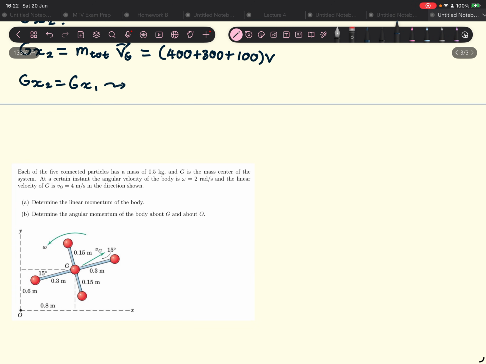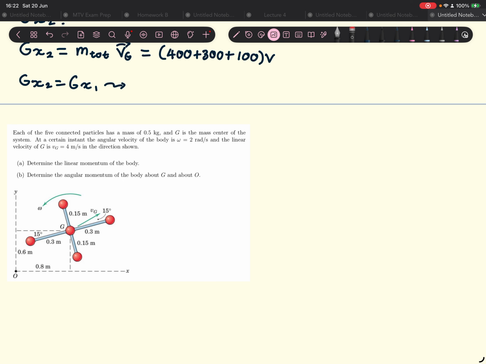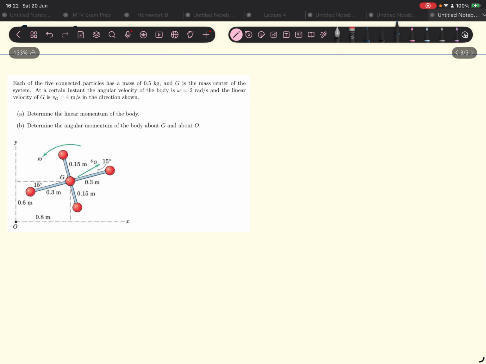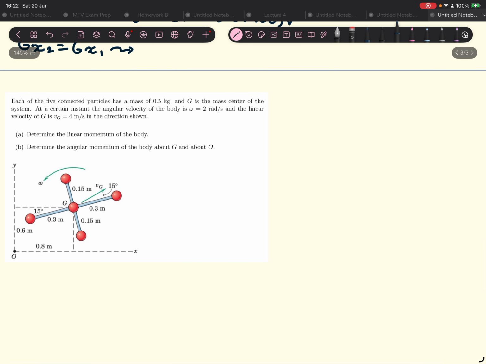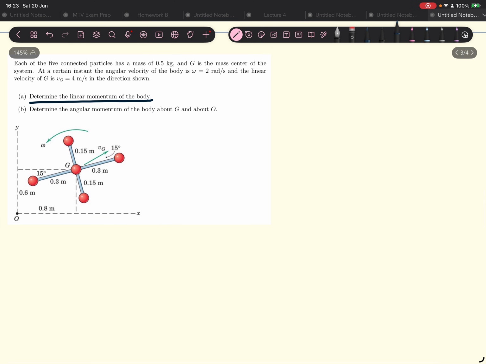And then this is another question. In this case, we're given a system of particles, and we're not going to do the angular momentum for this video. We'll do it when we cover angular momentum. But just looking at the linear momentum of the body, we're told the velocity of Vg. So the equation that we're going to use is G is equal to m total multiplied by Vg.